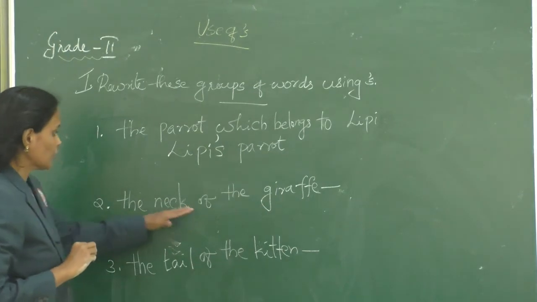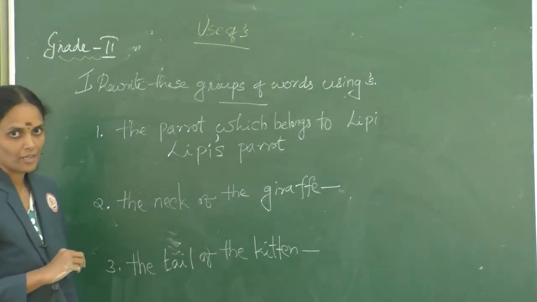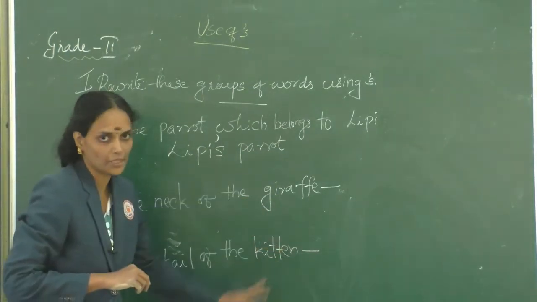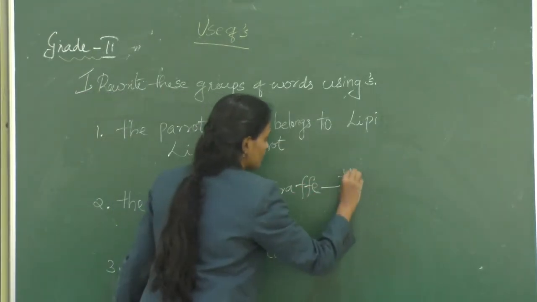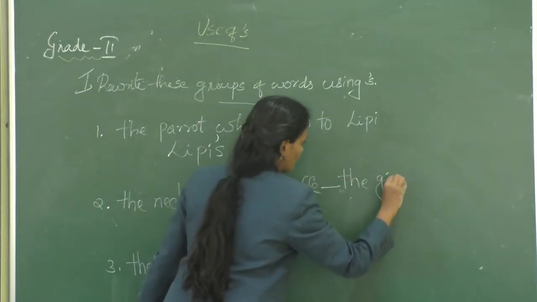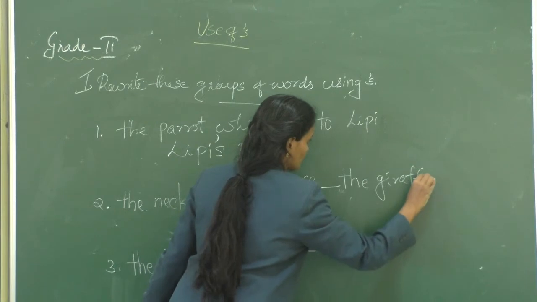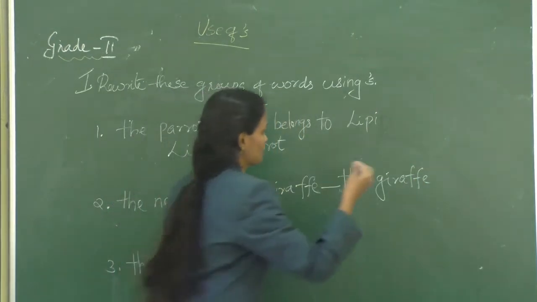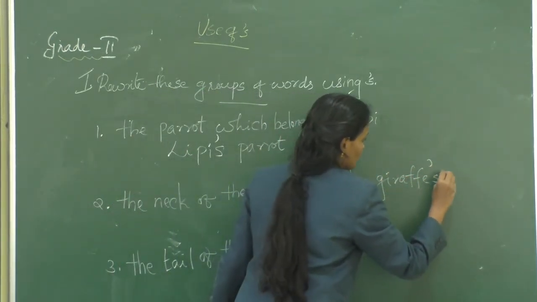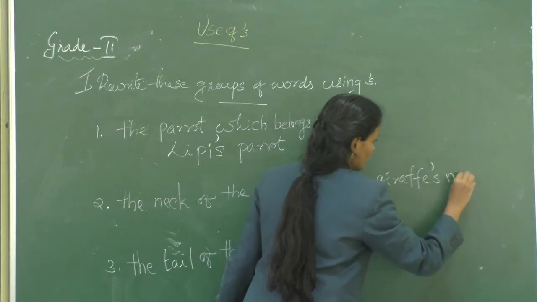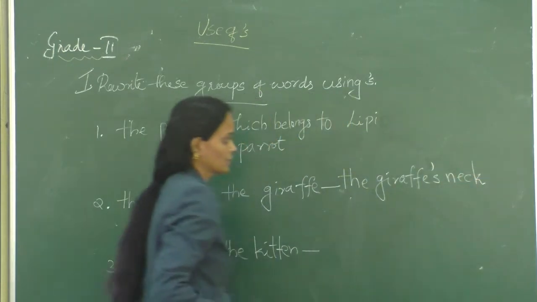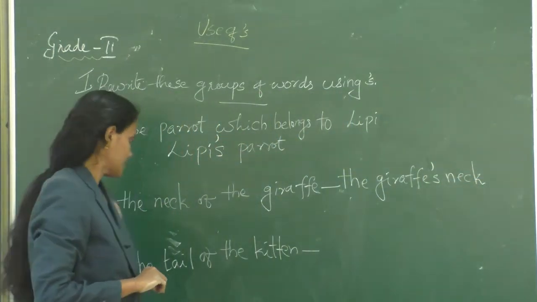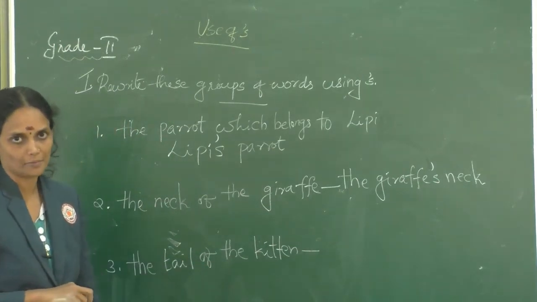Second one, the neck of the giraffe. Which is the noun here? The giraffe. Let's start with the giraffe. The giraffe, apostrophe S. The giraffe's neck. Last one, the tail of the kitten.